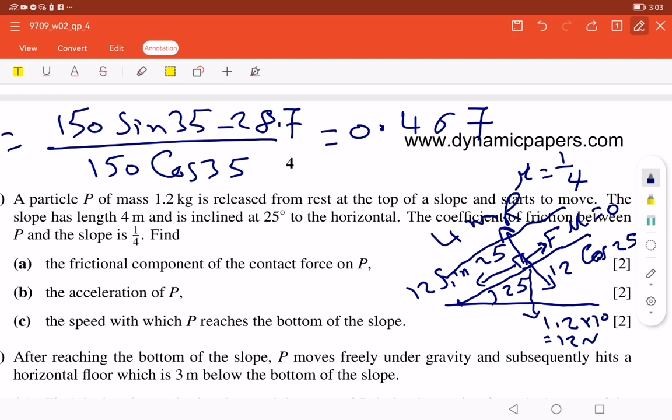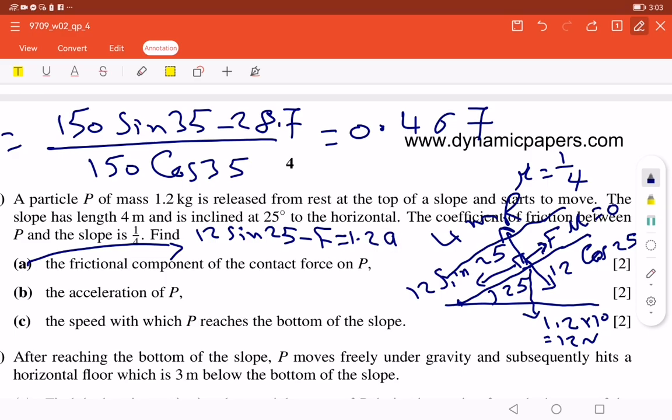Now we can use the motion equation. What does it mean, the motion equation? The body will move downward. So, using the second law of Newton, the component of weight downward minus the friction force equals the mass multiplied by the acceleration of motion. This means 12 sine 25 minus F equals MA, means 1.2a.